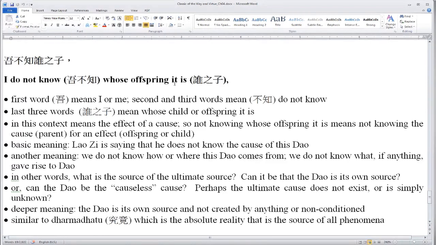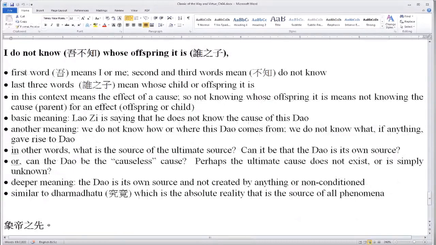为之之, 谁之之. So this just means, the dictionary meaning, whose child or offspring it is. In this context, it means the effect of a cause. So not knowing whose offspring it is means not knowing the cause, or the parent, of the effect, which is the offspring.